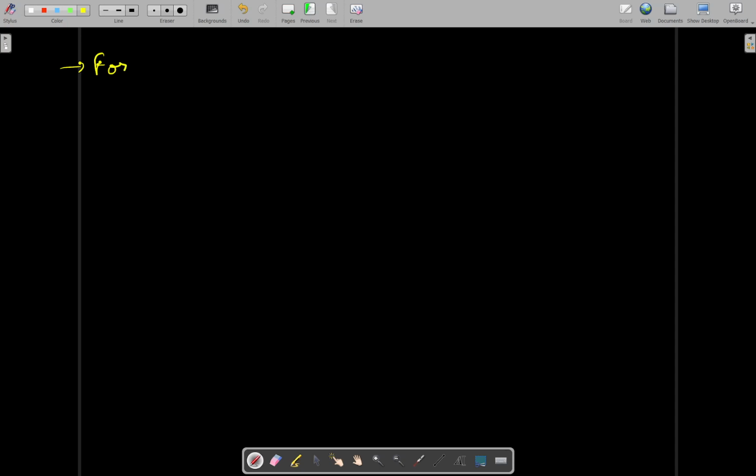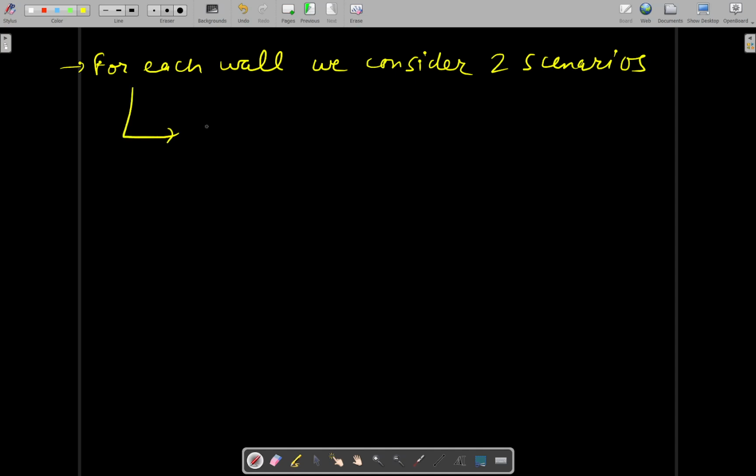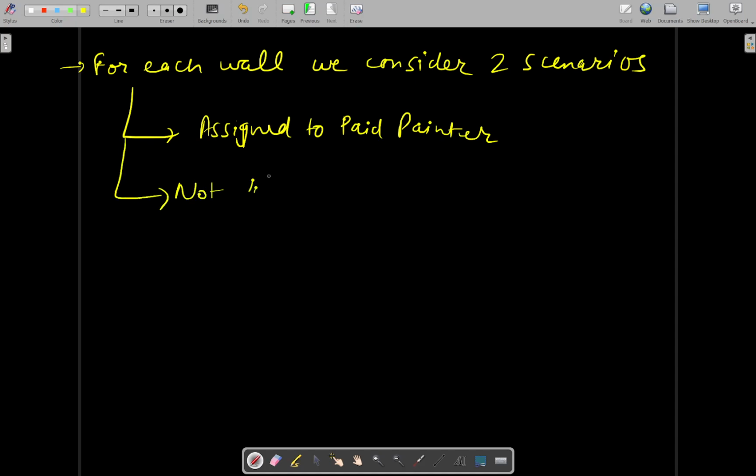So for each wall, consider two scenarios. Either it can be assigned to the paid painter, or not assigned to the paid painter and assigned to the free painter.